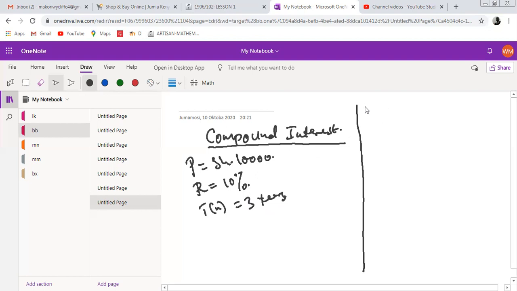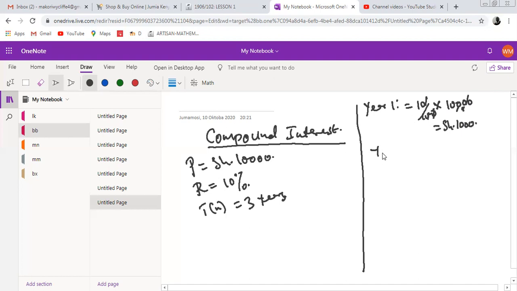So you need to calculate the compound interest for year one, which is 10% times 10,000. So you'll find that the interest is just going to be 1,000 for the first year.